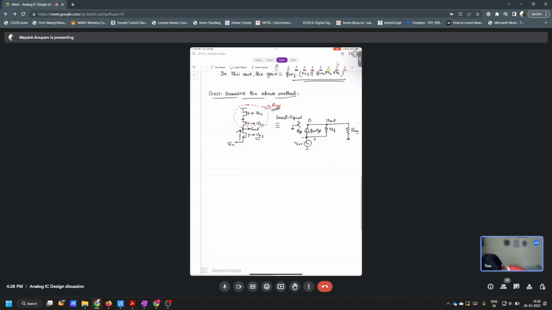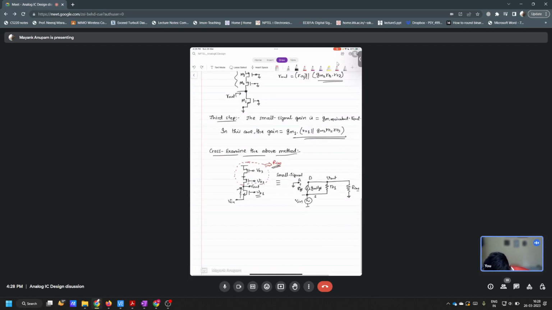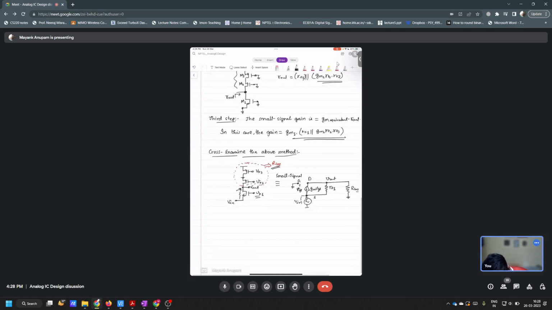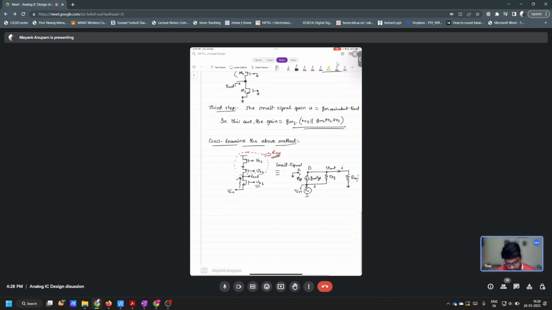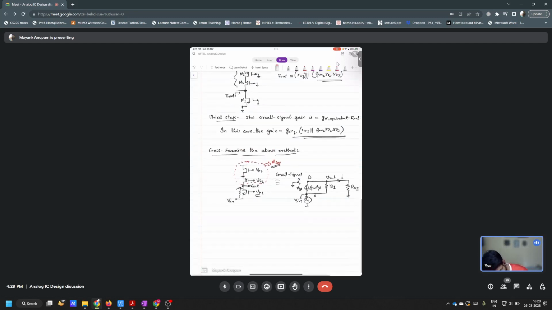Let's solve the circuit. Whatever current goes inside here, I, the same current will flow here also, I, right? Is it visible? Is it okay? Yes, sir. So let's solve it.